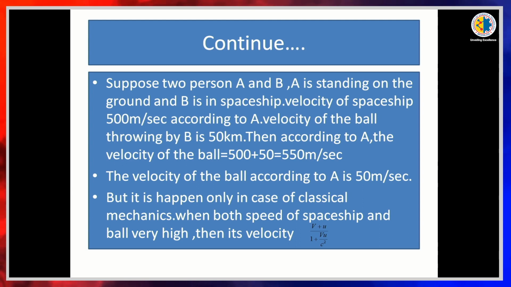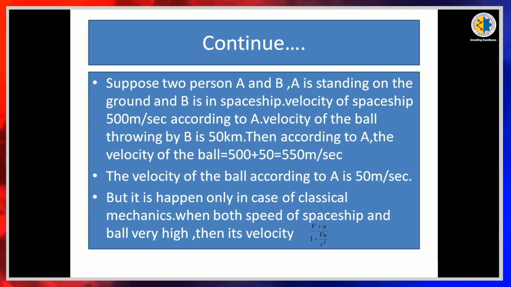Suppose another example, this slide is only for our concept, I already explained in the previous slide. Suppose two persons A and B, A is standing on the ground and B is in a spaceship with velocity 500 meter per second.